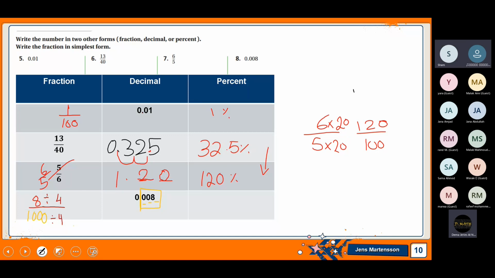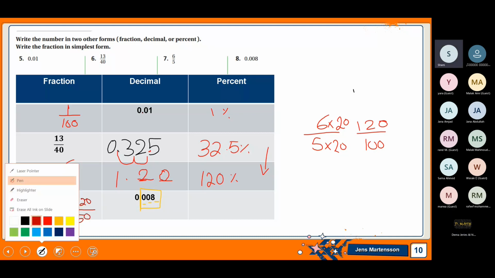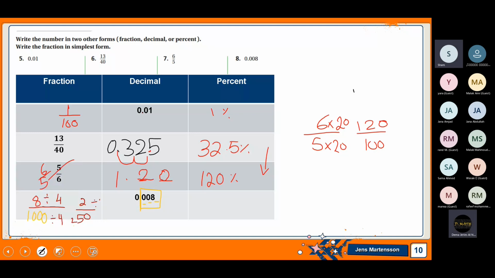Divide by 4. I want you to simplify it. It will be 2 over 250. Then divide by 2, which will be 1 over 125.